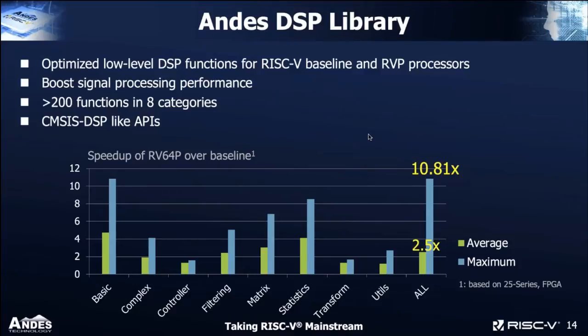And as you can see, over many different functions, the average speedup is about 2.5 times for the RISC-V DSP over baseline. And some functions can be accelerated 10 to 11 times. So it is a very highly efficient DSP instruction set plus a library.